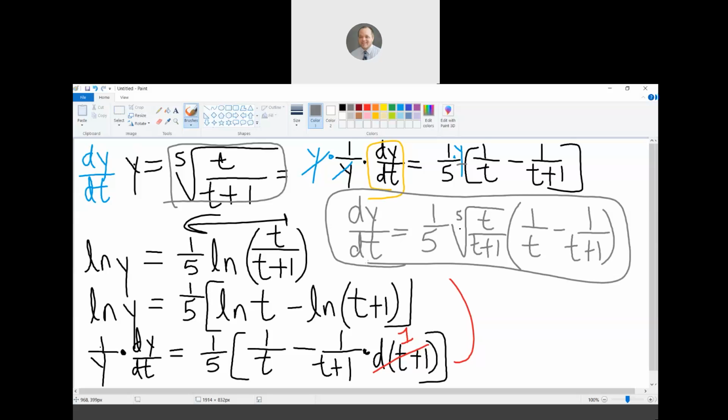Let's look at another example in which you have to use logarithmic differentiation to find your derivative.